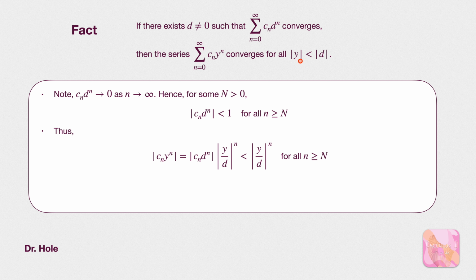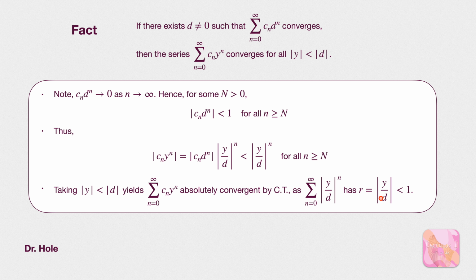Now let's go ahead and take our condition of the absolute value of y strictly less than the absolute value of d. So if we focus here on this quotient, y over d, we know that y over d is going to be less than 1 in absolute value. But then using this sequence of terms to form up a series leaves us with a geometric series which will converge since the common ratio is y over d in absolute value, which is strictly less than 1.